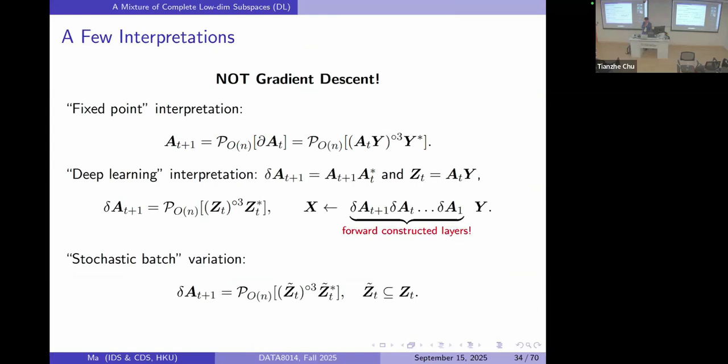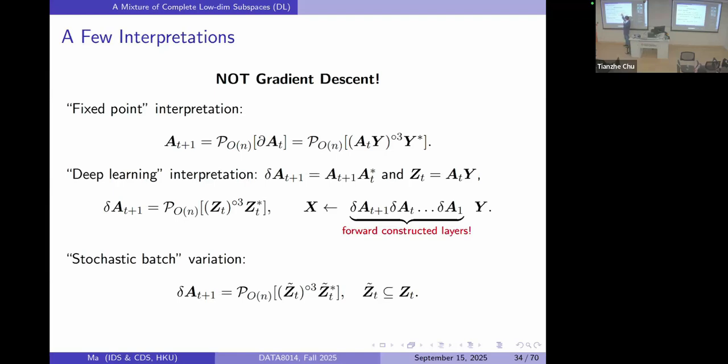So actually, it's not gradient descent. It's a very powerful family. You start with gradient descent, and by a happy accident you end up with a fixed point algorithm. It turns out we can interpret this as a deep network. If you look at the structure of this iteration, you can decompose it from the original data all the way through, repeating the algorithm t times.